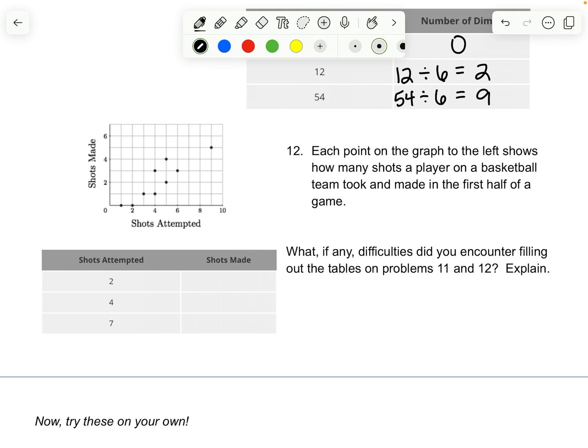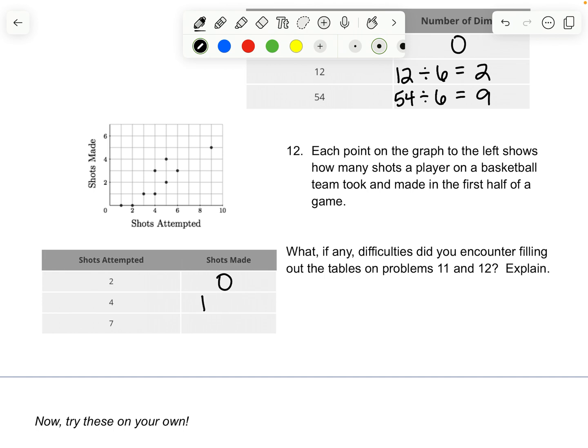So if I want to look at this graph, I look at the shots attempted, that is across the bottom of my graph. If I go to 2 shots attempted, it looks like I have a dot at 0. Okay, if I look at 4 shots attempted, and then I go to 4 across the bottom, and then I look up, I do see that I have 2 different points.